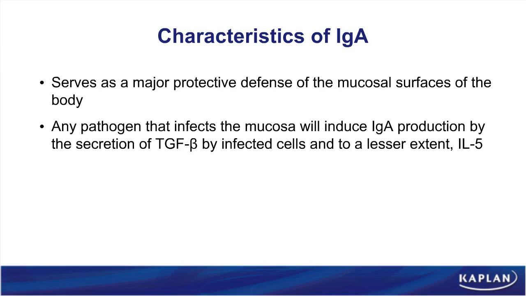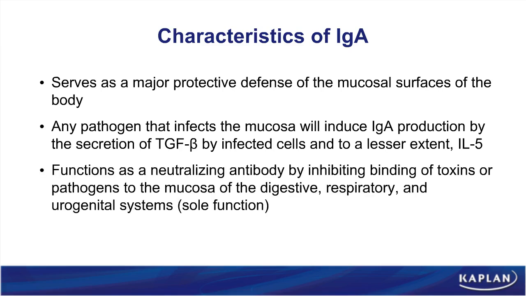And that is because the infected cells are going to produce high levels of TGF-beta, which drives isotype switching to IgA. Now, there is another cytokine, IL-5, which is absolutely produced by Th2 cells that has a lesser effect on isotype switching. The function of IgA is very straightforward.